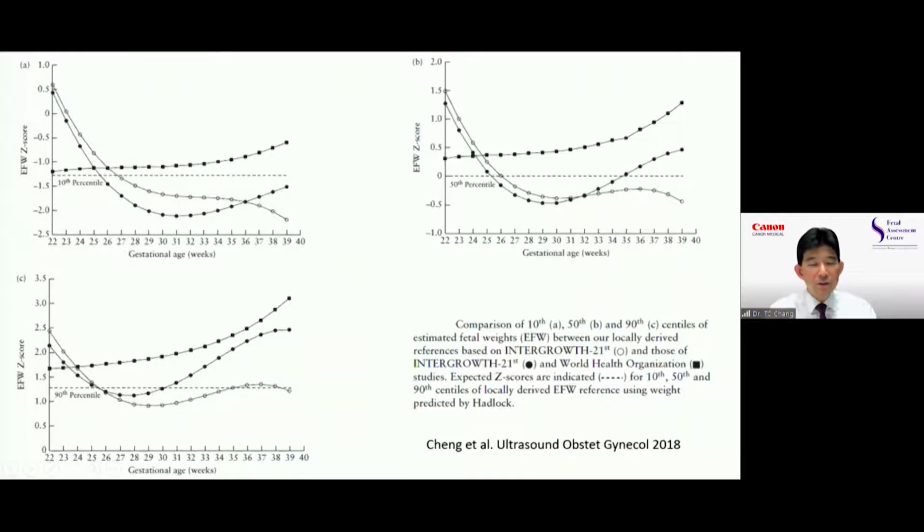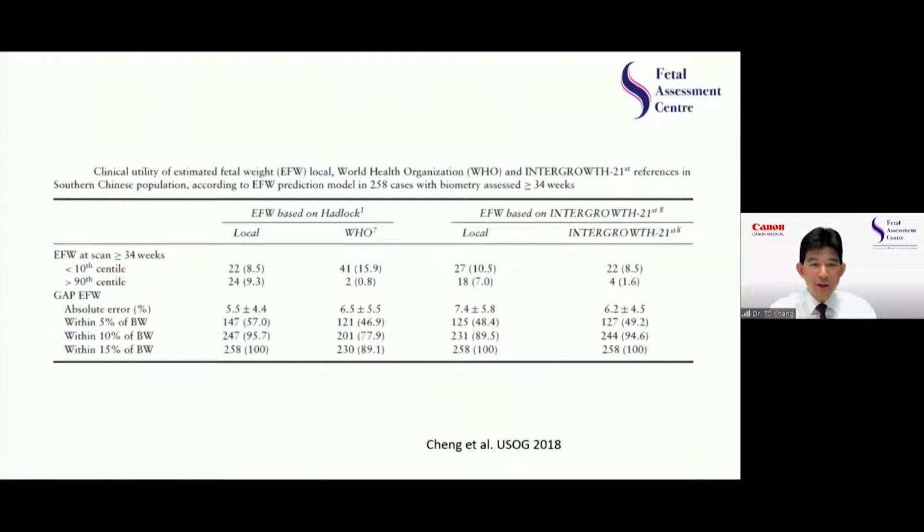And just to give you some idea of how big the variations can be, from this publication from the same group, they've shown that you can have a percentage difference, depending on which chart you use, of up to 9.3%, especially if you look at the less than 10th centile. So you can have a variation of 8.5% between different growth charts. And therefore, it would suggest that you should use your own growth charts from your own local population.